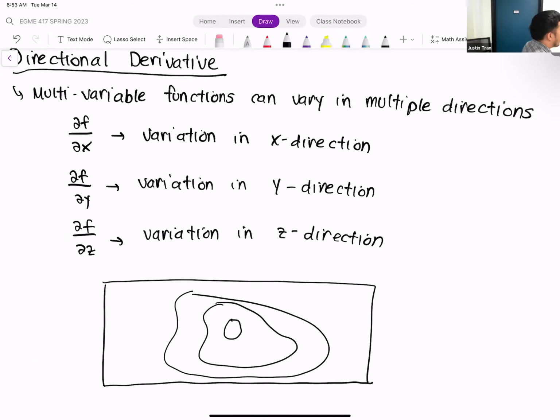That might be the highest point on the hill or the highest point of the mountain. Okay. And as you walk down the hill, each of those contours is going to show the different heights. And so, if you were to start at the very top of the mountain, if you were to walk in the x direction, the change in height that you would experience, or how steep the mountain is going to be, is given exactly by partial f, partial x.